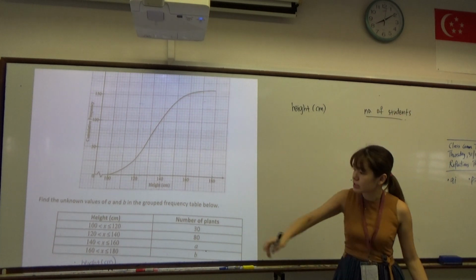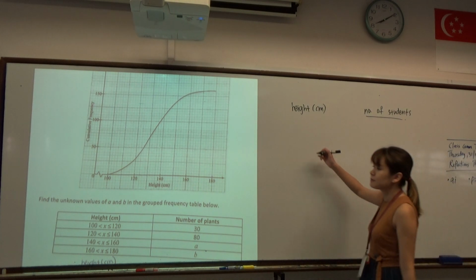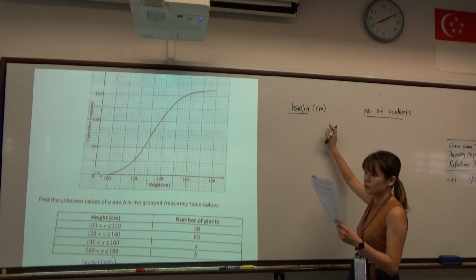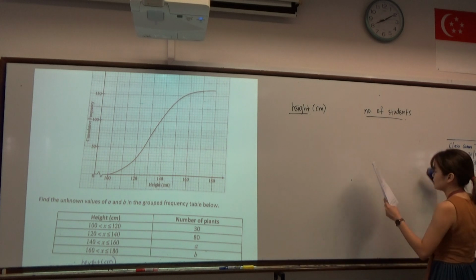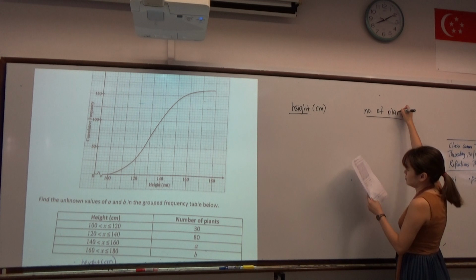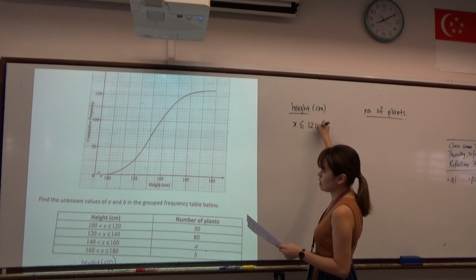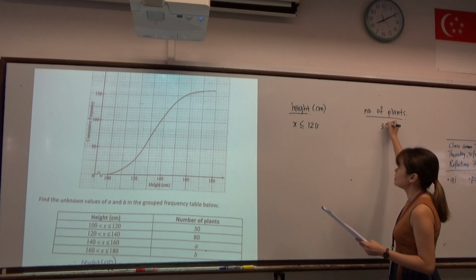So based on this table, height of plants, or number of plants. First one, we will be looking at x less than or equals to 120, that will be 30.